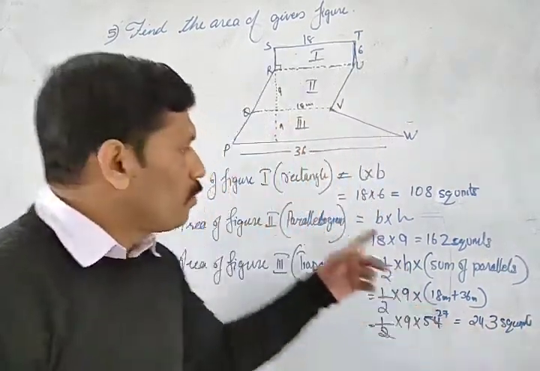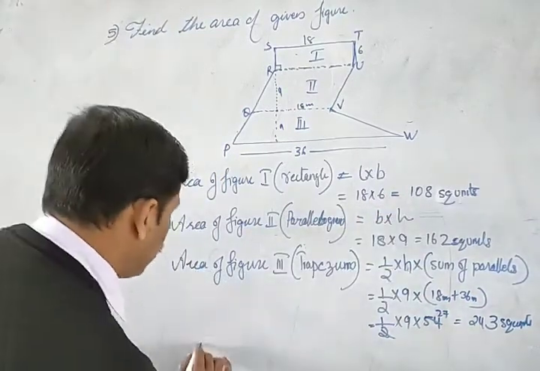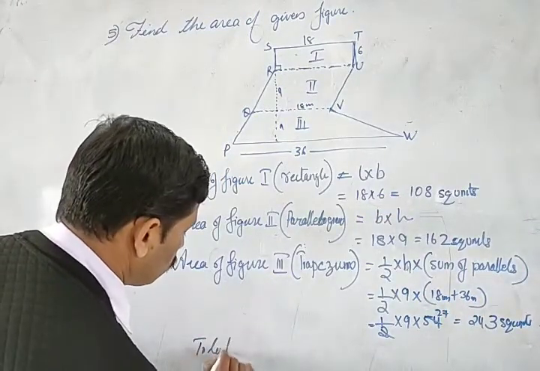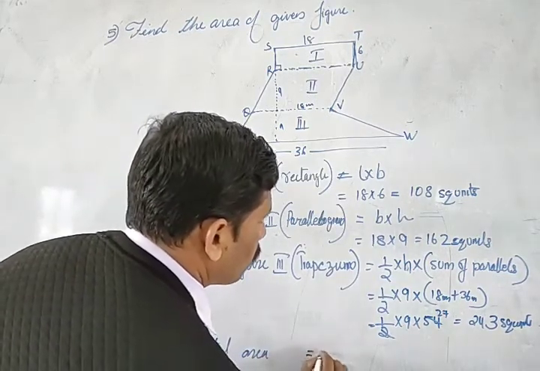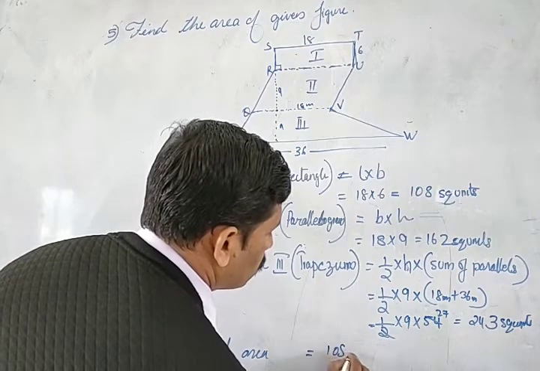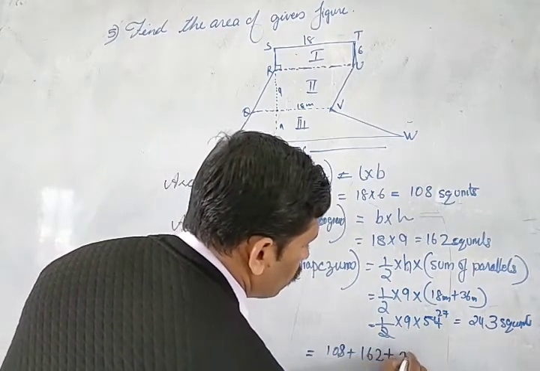So now we have found the area of these three figures separately, and the total area is equal to 108 plus 162 plus 243.